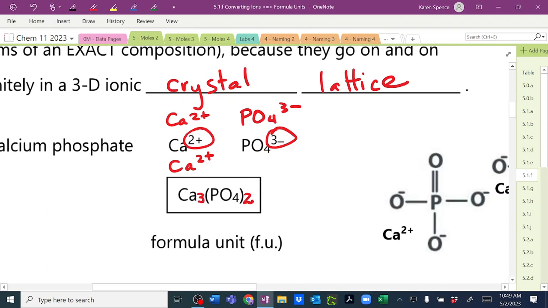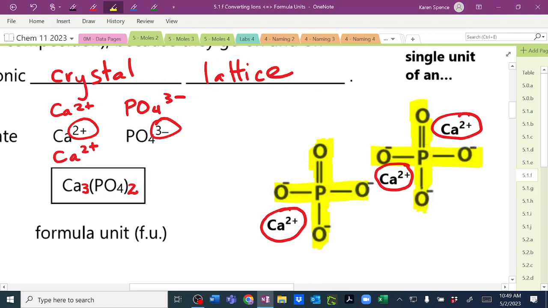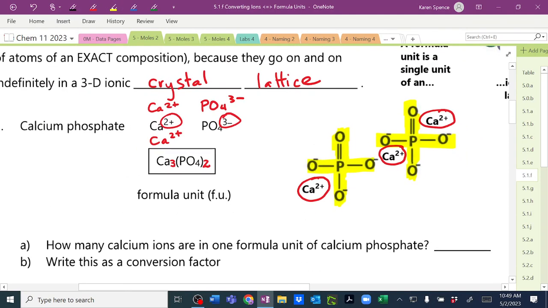And if you wanted to look at what that looks like, we would have a calcium and a calcium and a calcium, and we would have a phosphate and a phosphate, so just 2 phosphates. How many calcium ions are there in one formula unit of calcium phosphate? Tell your partner, how many calcium ions in one formula unit of calcium phosphate?